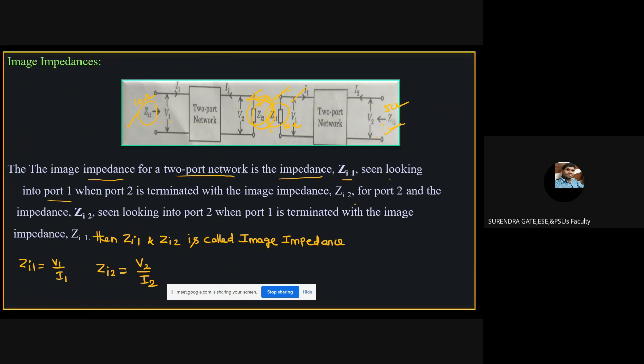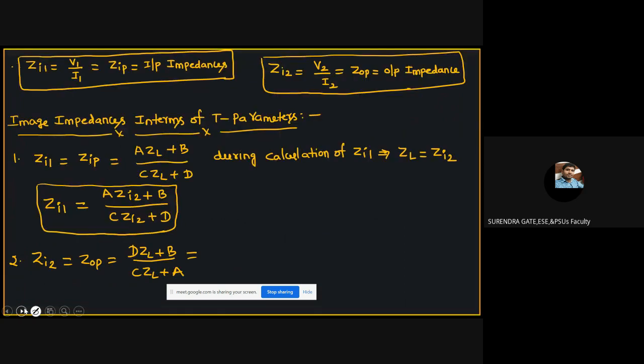Load is which one? It is terminated by ZI1. Now the load impedance is ZI1. Then you can replace D into ZI1 plus B by C into ZI1 plus A.